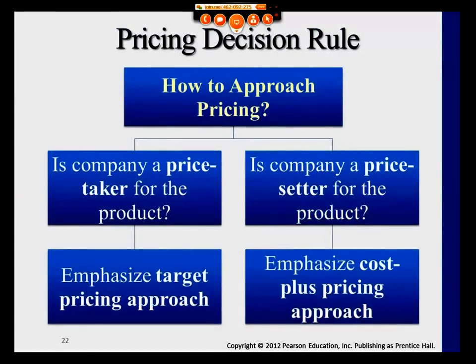So from here we're going to the price decision rule, how to approach pricing. We said we need the company to identify: are we price takers or are we price setters?